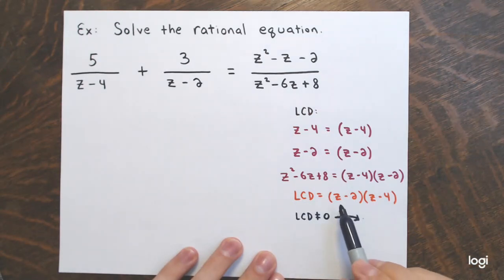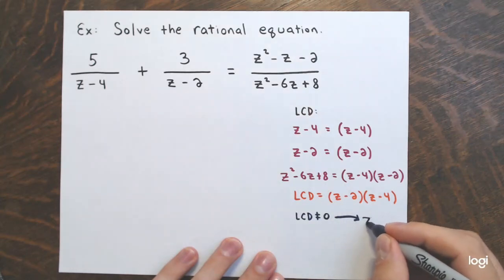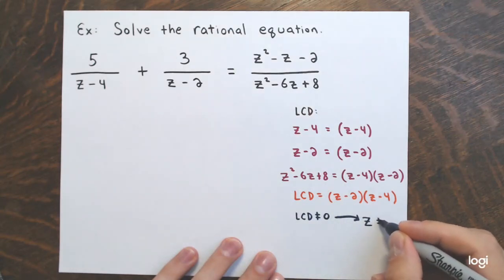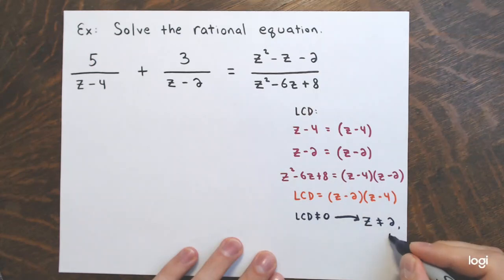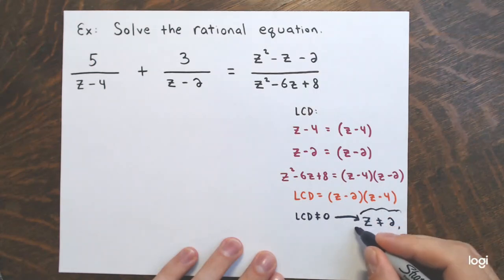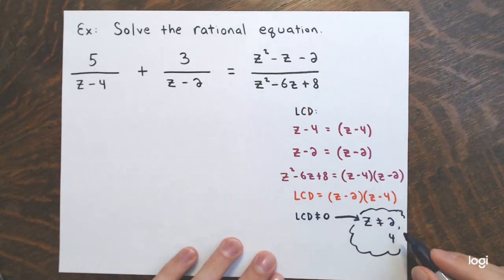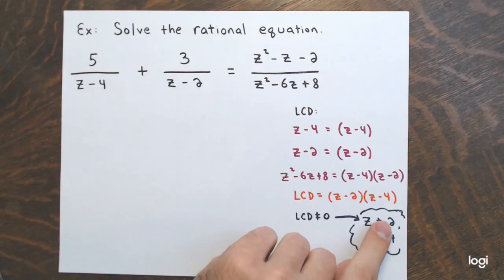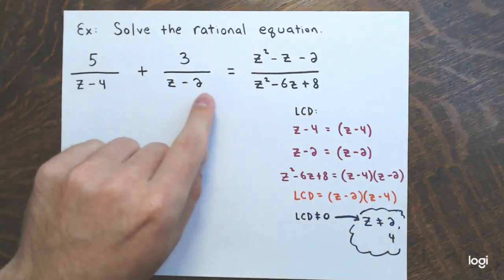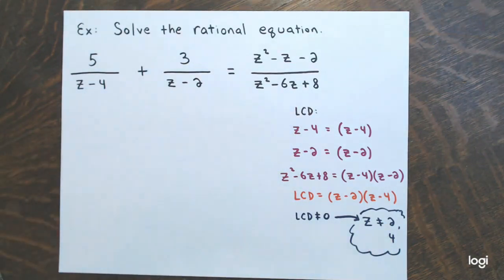So looking at the LCD, I see a factor of z minus 2, so the value of z cannot be positive 2. I also see this factor of z minus 4, so the value of z can't be positive 4 either. So I'm going to put this in a little bubble just to keep that in mind. You'll also notice that when z is 2 or 4, one or more of these denominators will be 0, and that's a problem. So as long as z is not 2 or 4, we can continue.